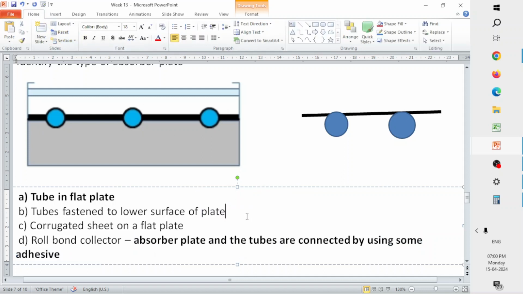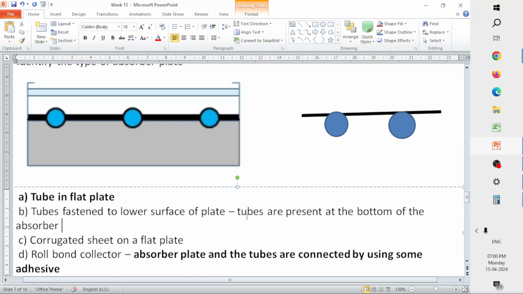And tube fastened to the lower surface of the plate is where tubes are present at the bottom of the absorber plate. So that is the difference. The difference is based on the location of the tube and the absorber plate.